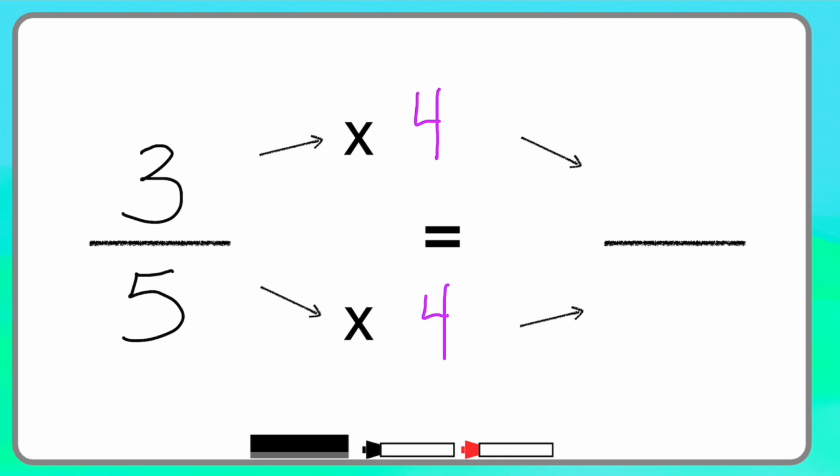And then I look and say 3 times 4 equals 12. And 5 times 4 equals 20. And now I've made an equivalent fraction to 3/5. 3/5 is the same as 12/20.